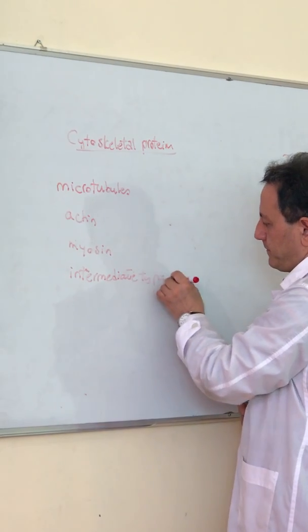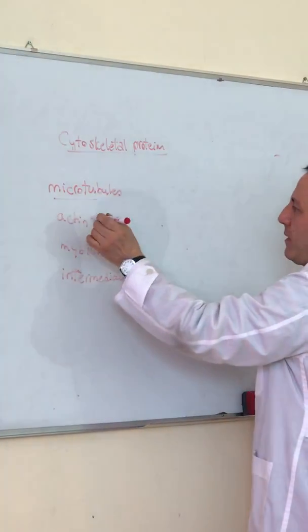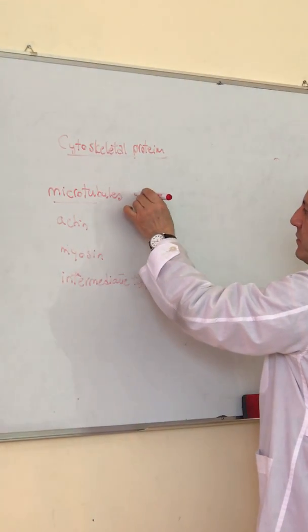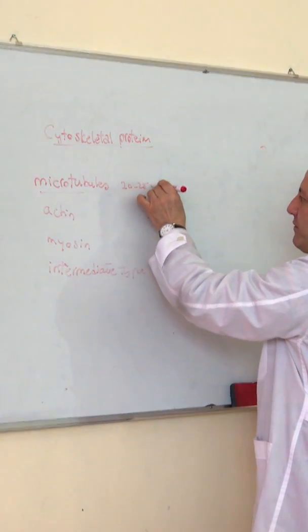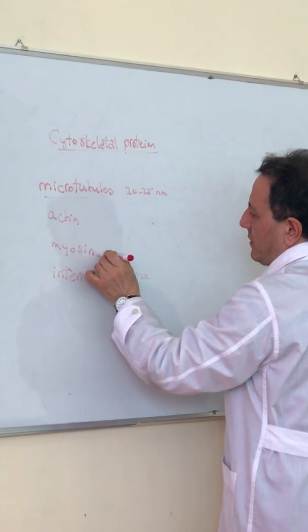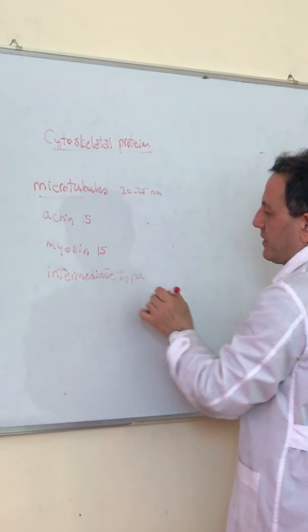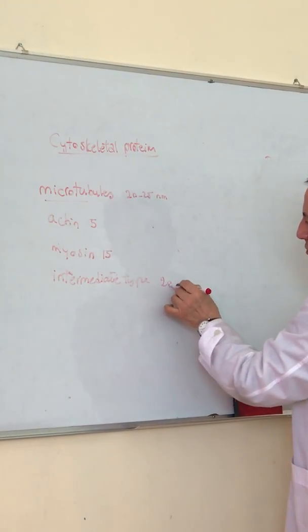Microtubules are the largest, around 20 to 25 nanometers. Myosin is larger, around 15. Actin is around 5. And intermediates are around 20.